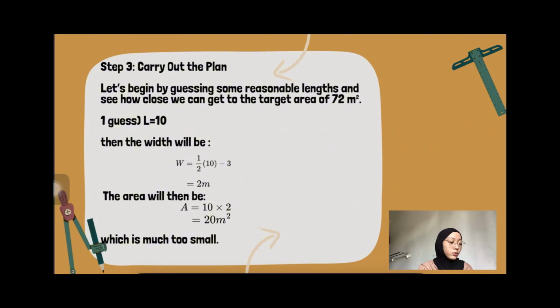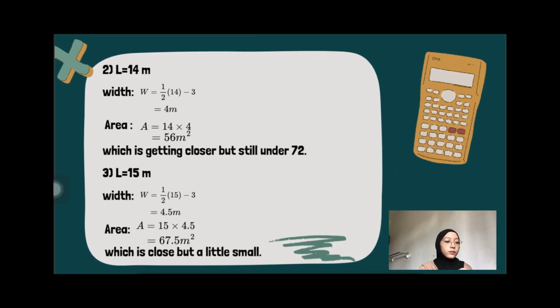The area, length times width, becomes 20 square meters, which is too small for our target of 72 square meters. So, 10 meters is not the answer.